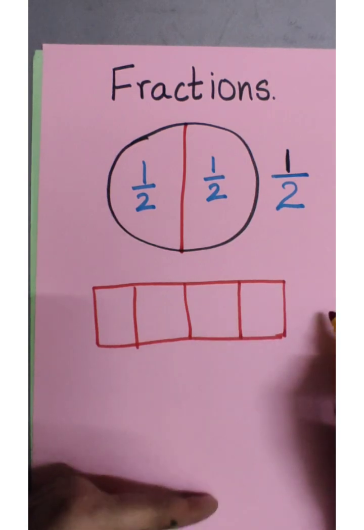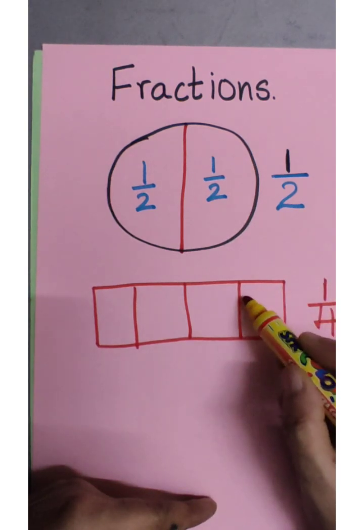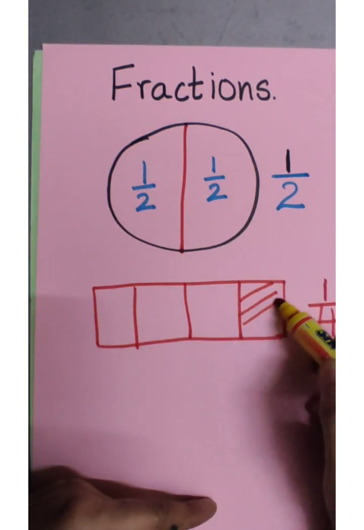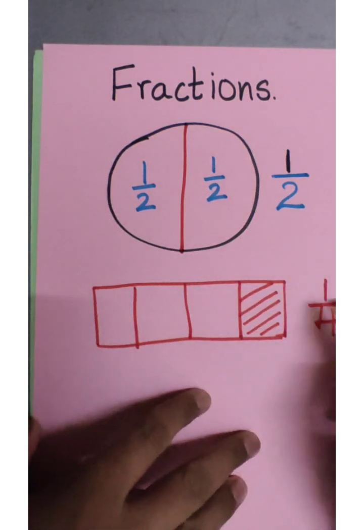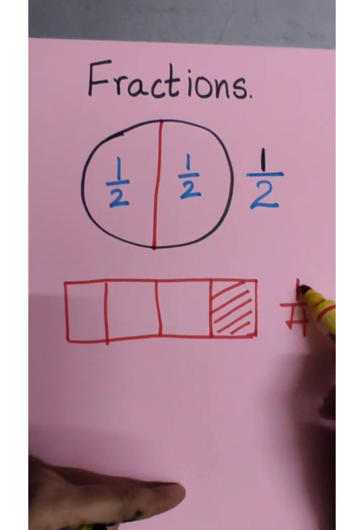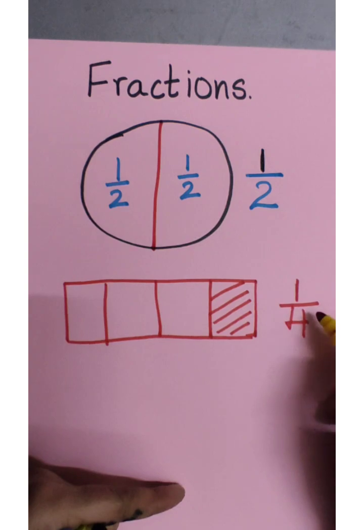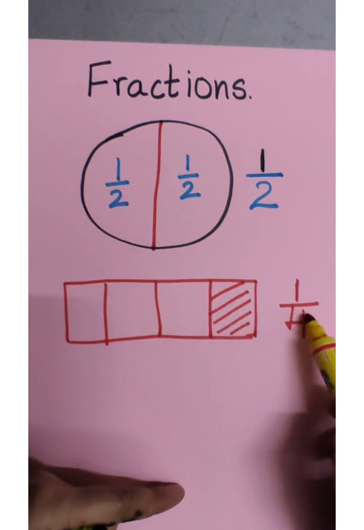So I made 4 equal parts and I gave one piece to each of them. So each piece is called, the fraction formed by each piece is 1 by 4, or you also say 1 upon 4, or you can also say a quarter. So each piece forms a quarter.